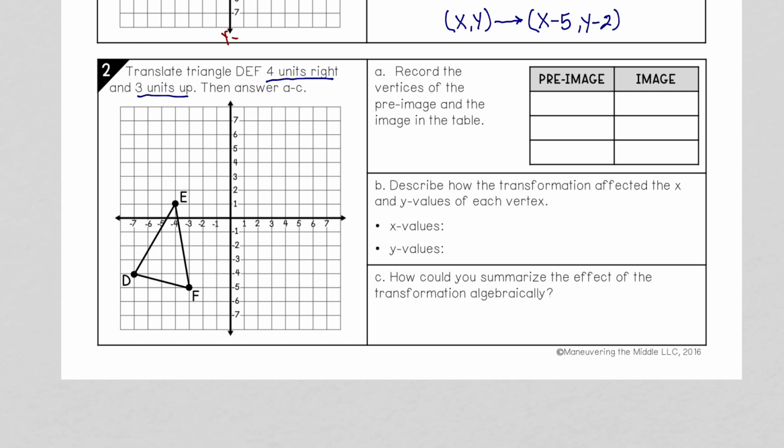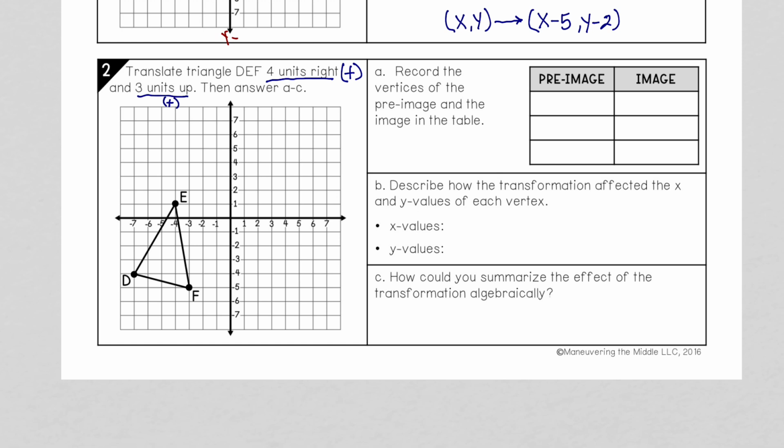So remember that right is positive, up is positive. All right, so we're going right 4, up 3.